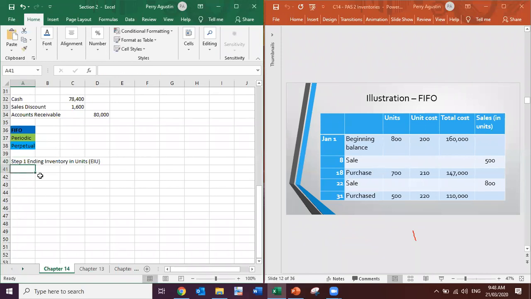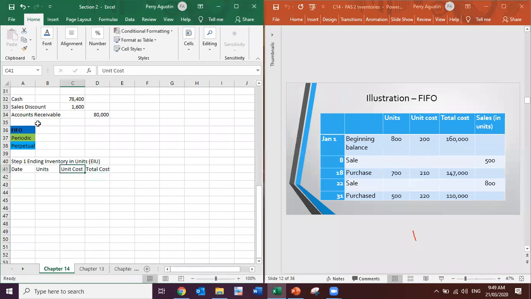Okay, that would help in facilitating our class later on. So for step number one, identify how many units could we actually sell. So we have our date. Let me just format that for you. Then we have our units. Then we have our unit cost. And we have our total cost.